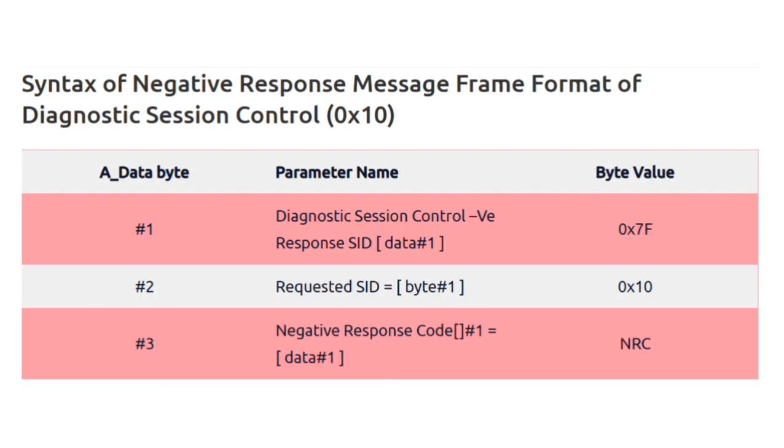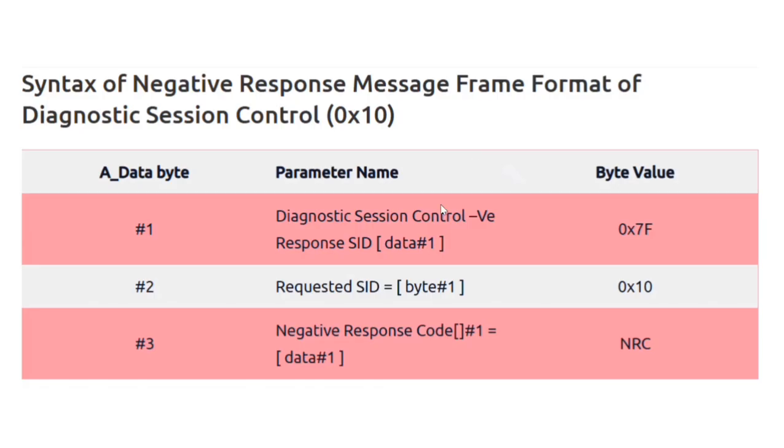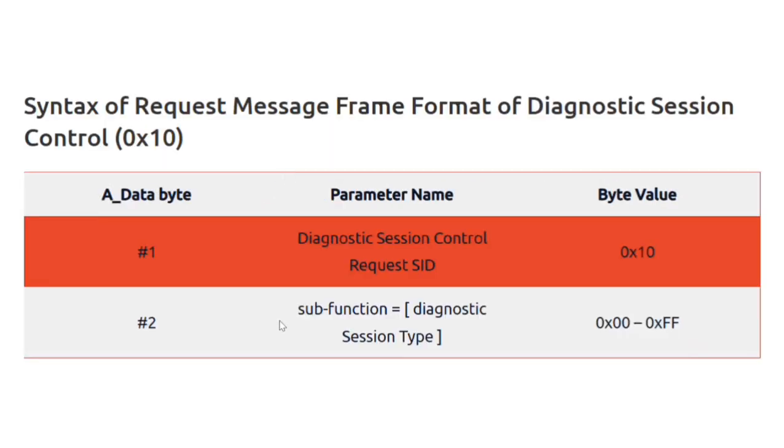Let us see what NRCs are supported for this diagnostic session control. The first one is hexadecimal 12. This means the subfunction is not supported. Whatever subfunction we give in the request message is not supported by that particular ECU.